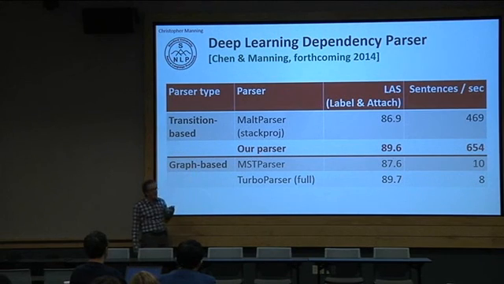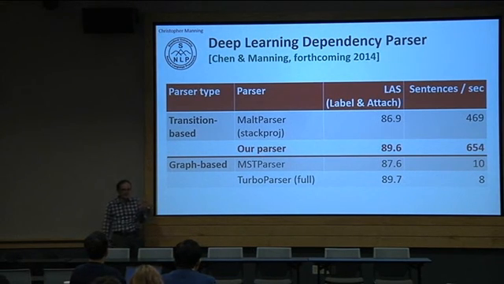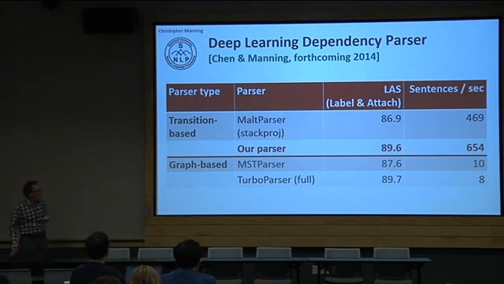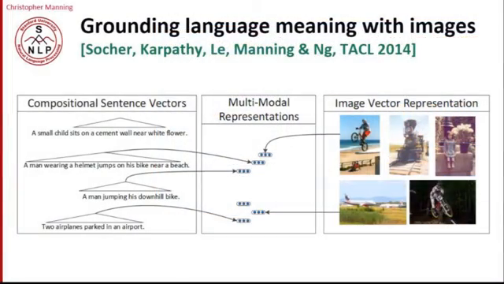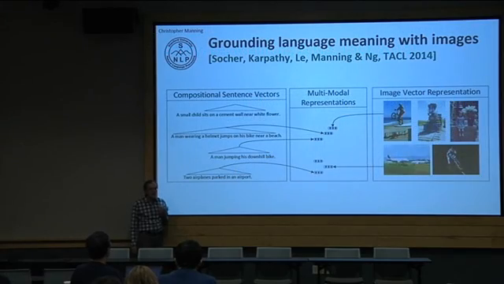And the reason for that is in the categorical transition-based parsers, it turns out that really the feature computation dominates the computation time, and therefore you can do that more quickly with the dense distributed representations of a deep learning dependency parser.